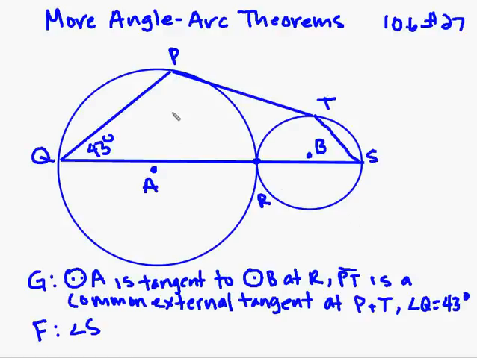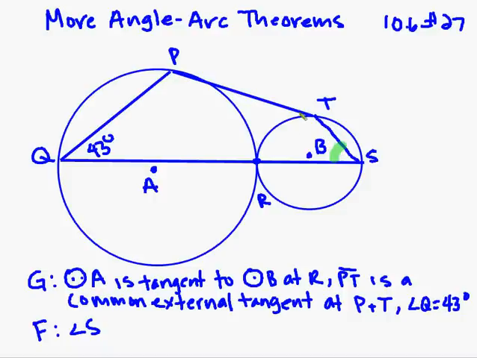We're given that we have two circles, circle A and circle B, and they're both tangent at point R. We're also given that PT is a common external tangent, and that angle Q is 43 degrees. And what we want to find is the measure of angle S.